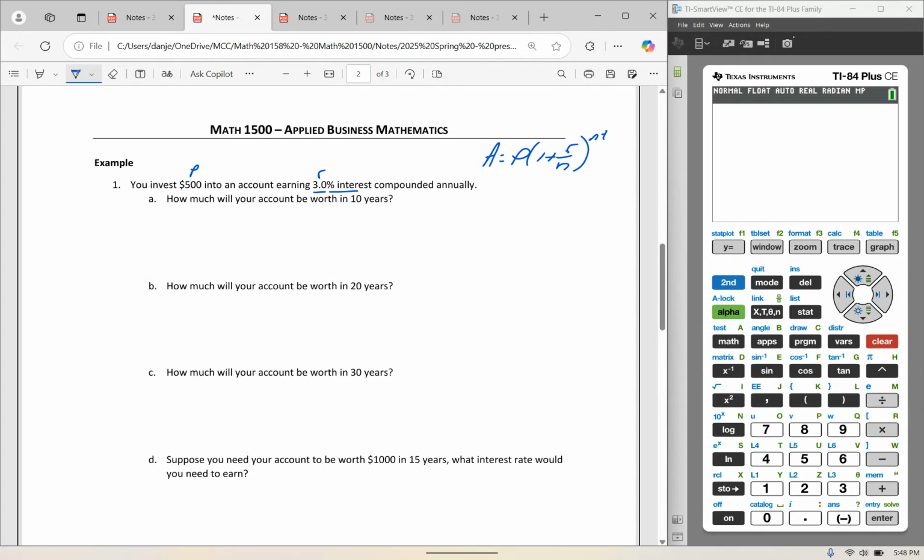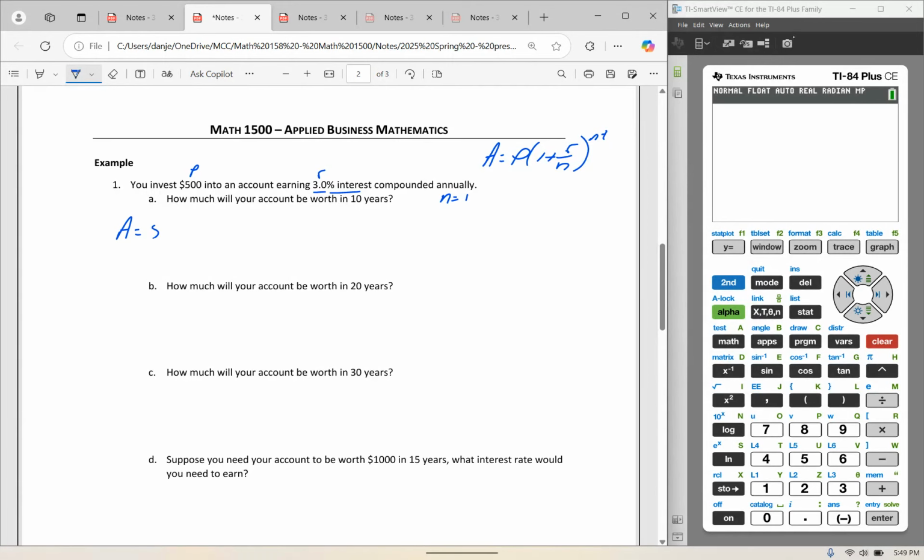Now we're assuming it's 3% interest, so that's annual interest, compounded annually. So that's my N. So my N is 1. The interest is being compounded annually. So how much money will my account be worth in 10 years?